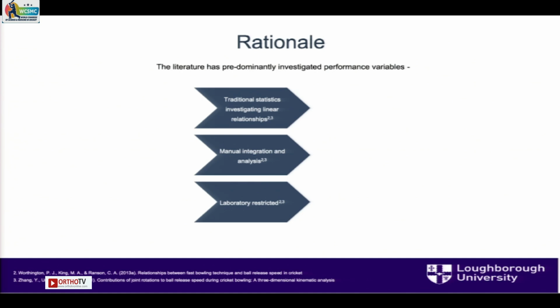So all of these studies had quite a few limitations, but we'll be focusing on three as a part of this study. All the studies used traditional statistics, so looking at linear relationships, correlations, ANOVAs, and different traditional regression methods. The results were also manually integrated and analyzed, and all of the studies were restricted to lab conditions.